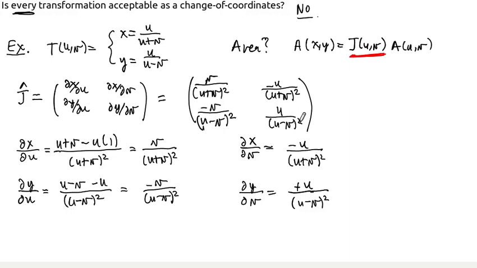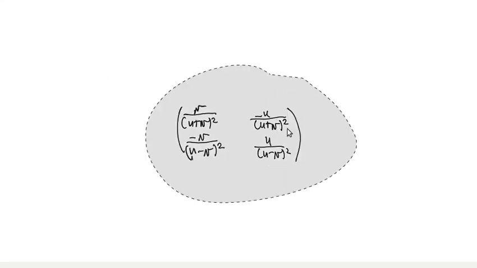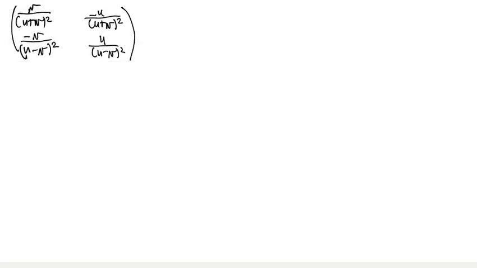This is the Jacobian matrix, and what we need to do next is take the determinant of this thing. So I'm going to copy this to the next page so I have room to write and it doesn't look too cluttered. There's our Jacobian matrix. Now we want to take the determinant of it.